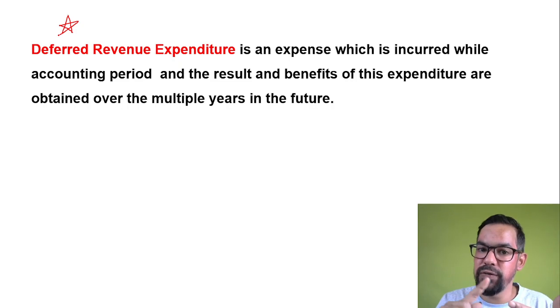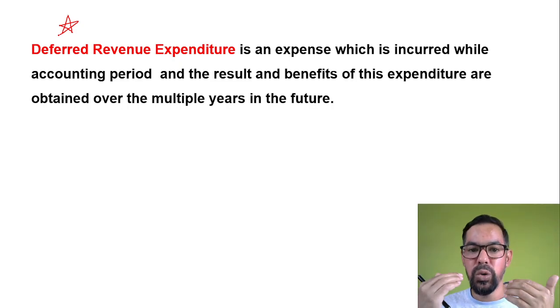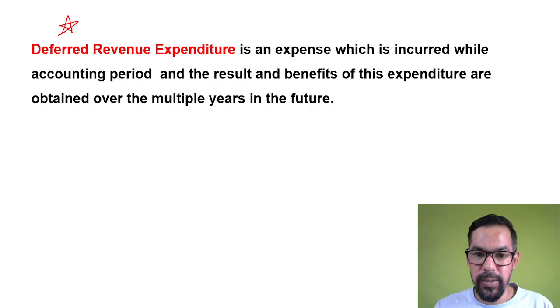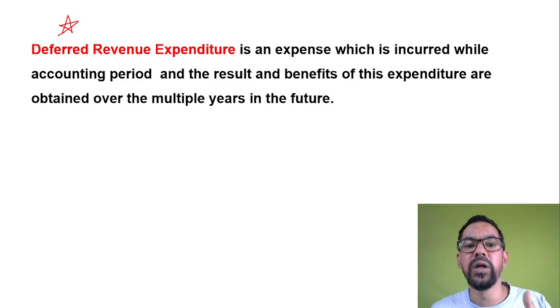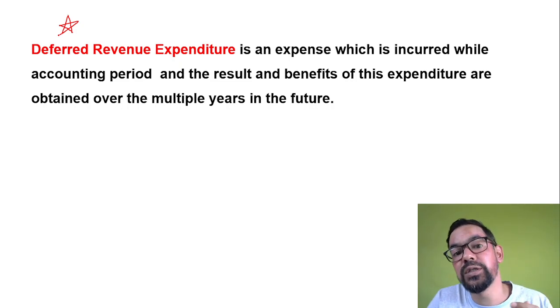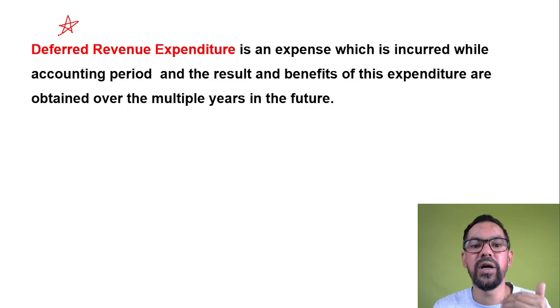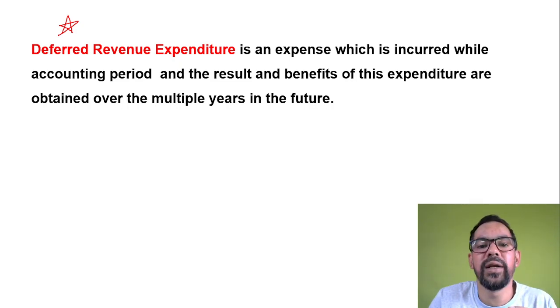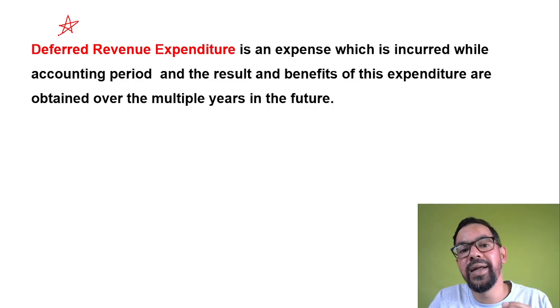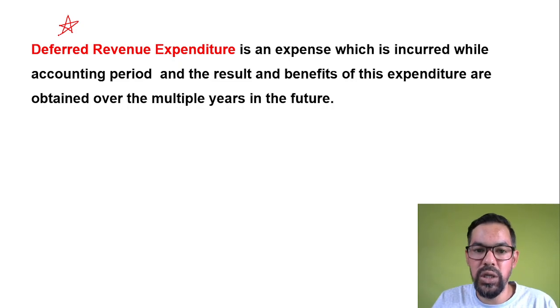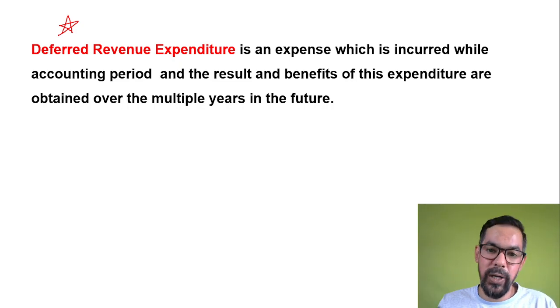In case of capital expenditure, you acquire that particular machinery, and the benefit is for 5 years, 10 years, or long term. In case of revenue expenditure, the expense happens in the accounting period, and the benefit we also get in the accounting period only. But in case of deferred revenue expenditure, the expense happens in the accounting period, but the benefit is for 2 to 3 years.